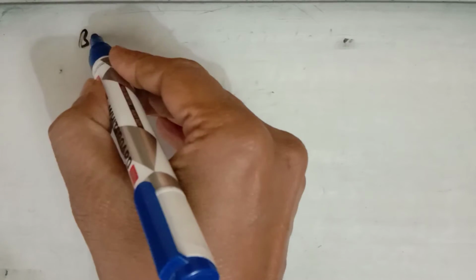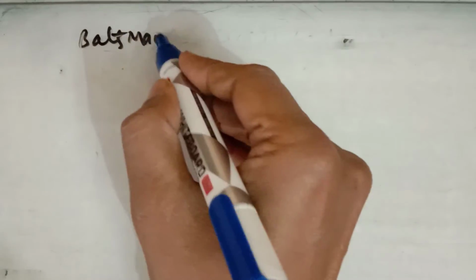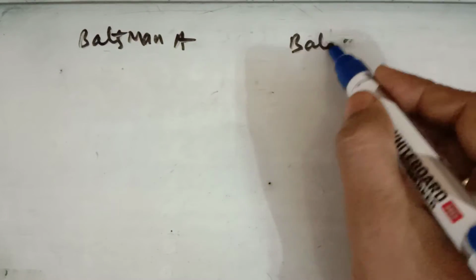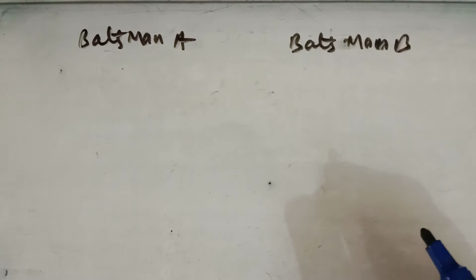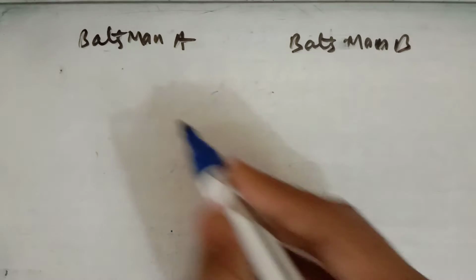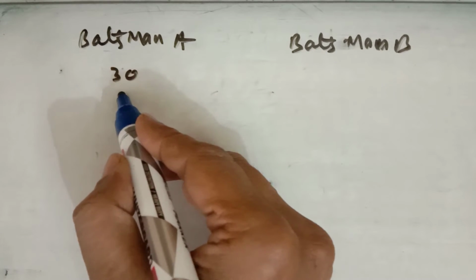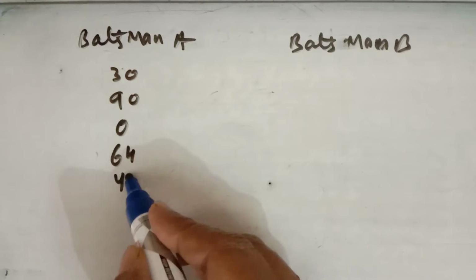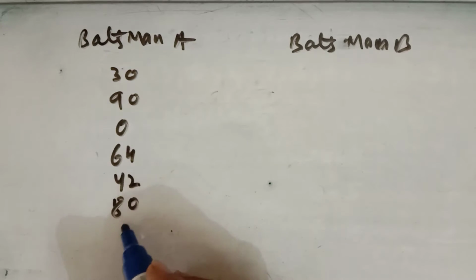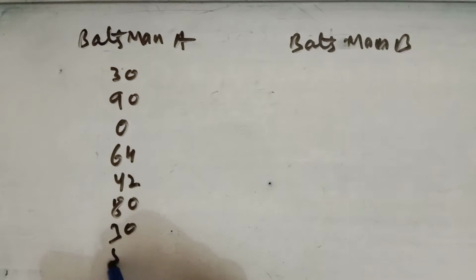After that we'll study dispersion in this class 11th. Let us take two batsmen, batsman A and batsman B, and suppose the runs they scored in the last 10 matches are 30, 90, 0, 64, 42, 80, 30, 5, 117 and 71.